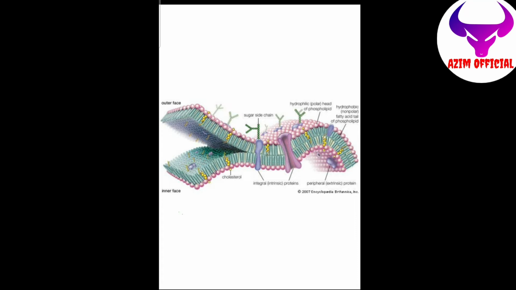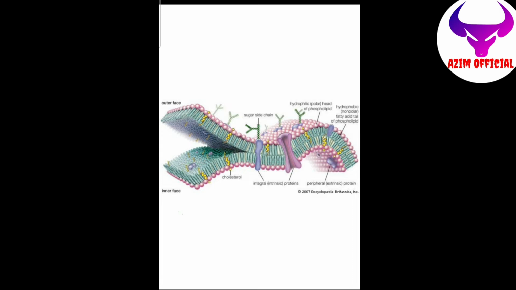It may be asked in the form of physiological importance of the cell membrane proteins or function of the cell membrane proteins. So when you are asked about this, you will say both of the proteins, like we have integral proteins and peripheral proteins.